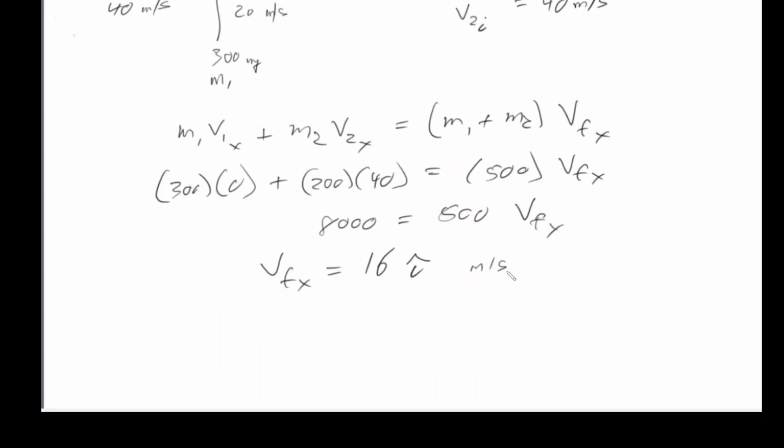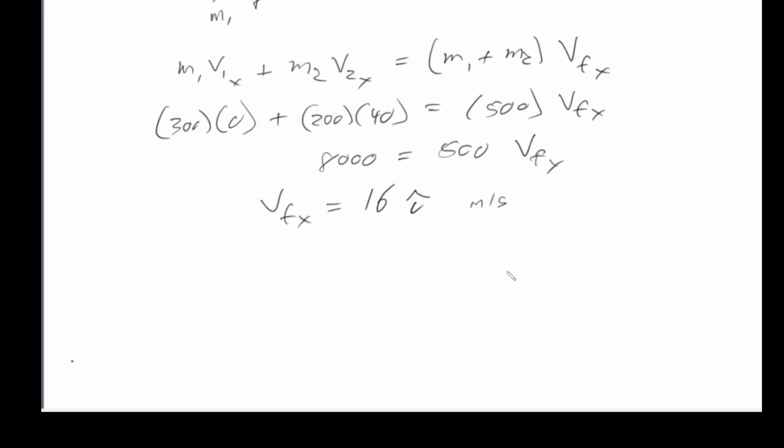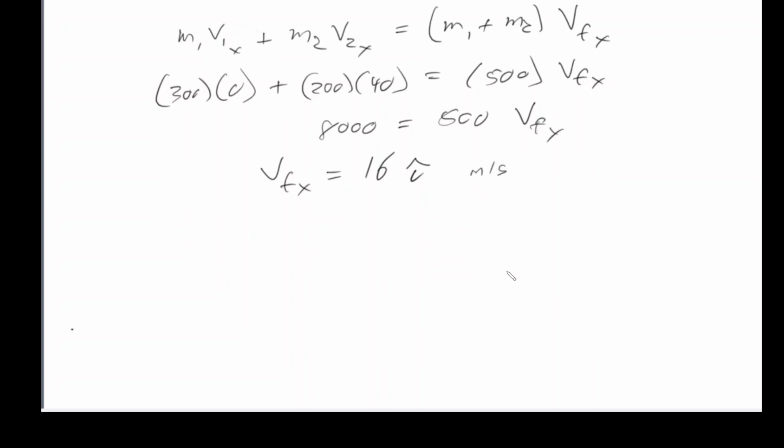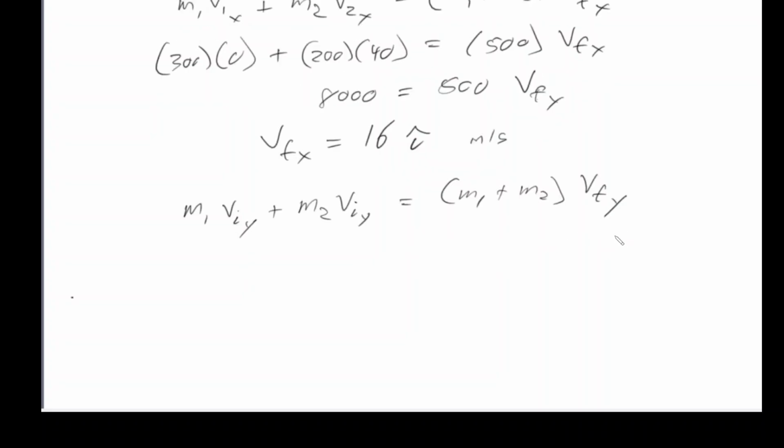Now let's look at the y axis. Mass 1 times the initial velocity in the y direction plus mass 2 times the initial velocity in the y direction is equal to, again, mass 1 plus mass 2 times the final velocity in the y direction.